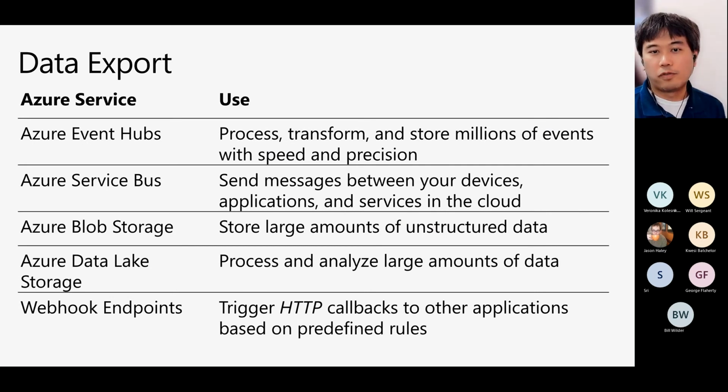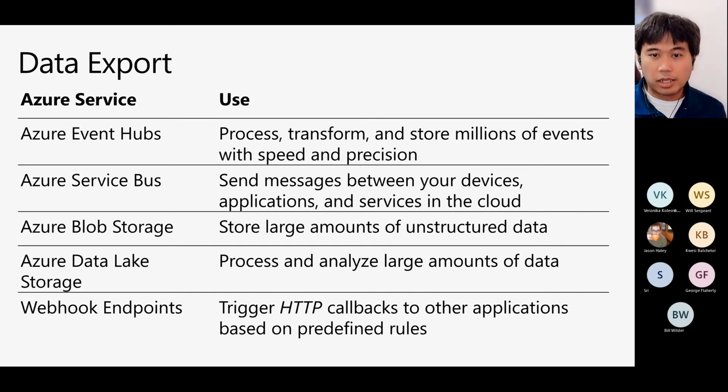Service Bus, if you want to make sure they are in order, you can export data to Azure Service Bus. And then blob storage for unstructured data. So this is for long term: you can export data that you're receiving from device to IoT Central and then to blob storage.